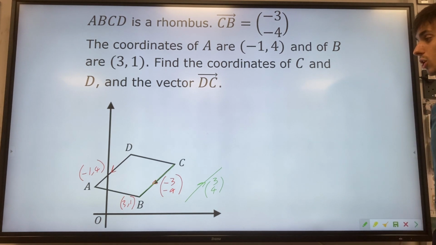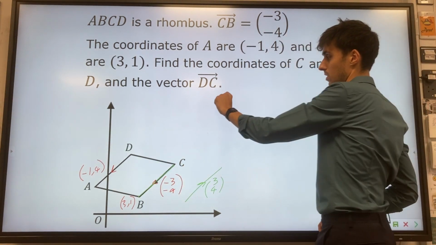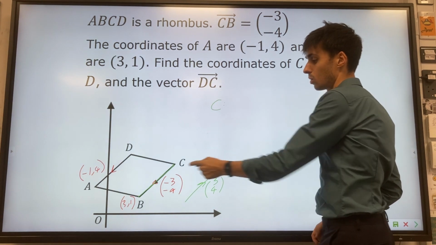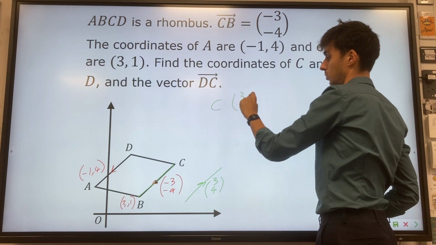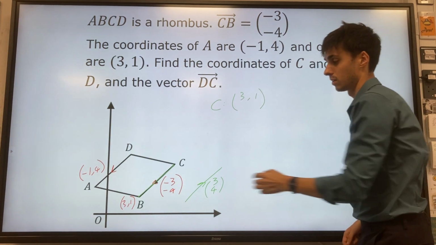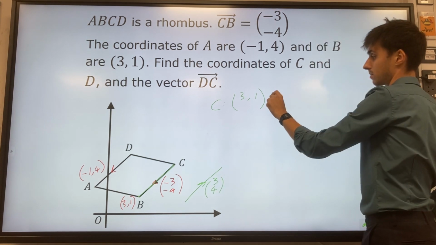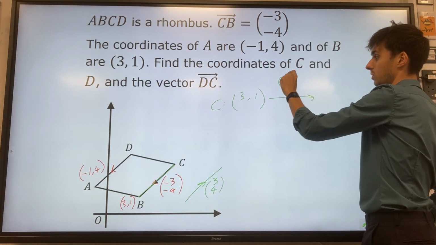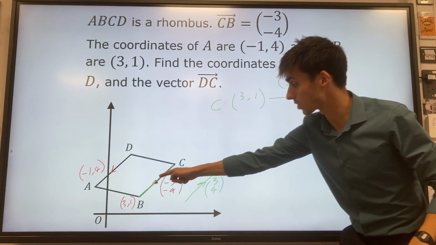Now we're good to go then. We can do B to C. So to find C, we start at B. That was 3, 1. We're going to add this vector going this way. So we're adding on 3, 4 because we're traveling the opposite direction.